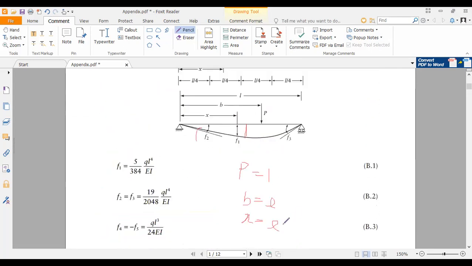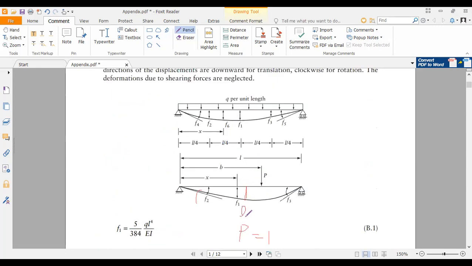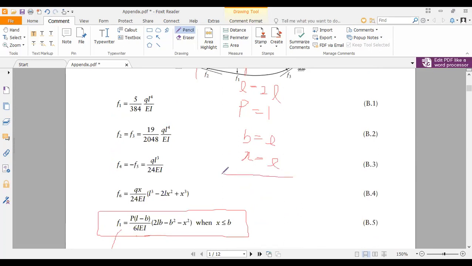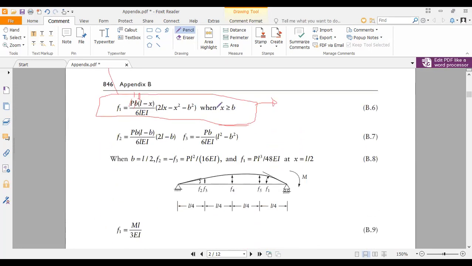So now our x is L, b is L, and P is 1, right? So this L is actually 2L, right? L is actually 2L. So write out these things when you are taking something from the appendix, then you are not mistaken, right?